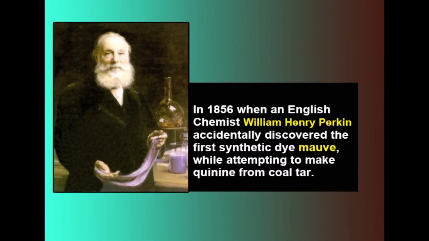But these dyes varied in their quality and color fastness, and the variation was seen so much from fabric batch to batch. These conditions changed dramatically in 1856 when an English chemist, William Henry Perkin, accidentally discovered the first synthetic dye, mauve, while attempting to make quinine from coal tar.